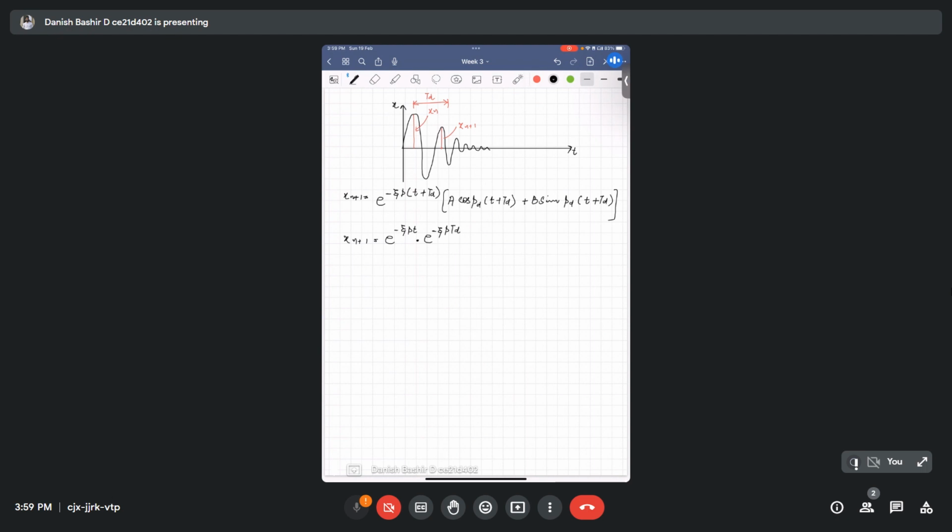And since cos and sin are periodic functions, we will obtain a cos pdt plus b sin pdt.